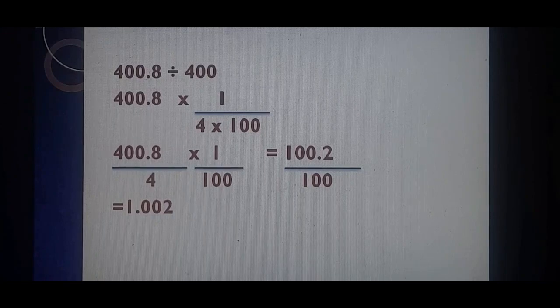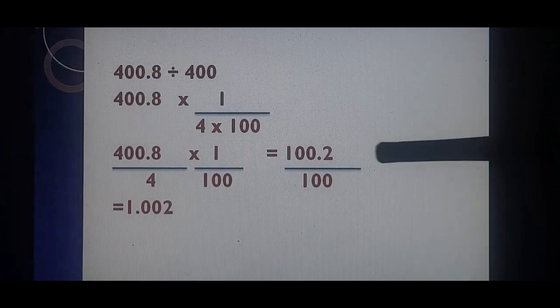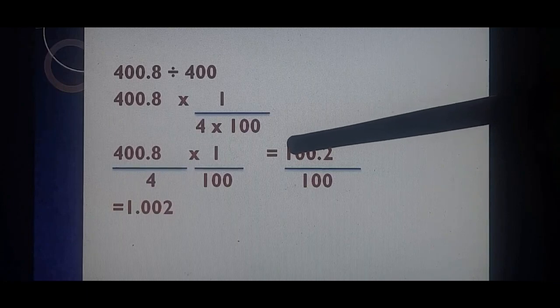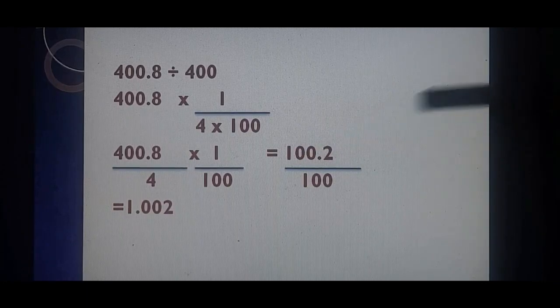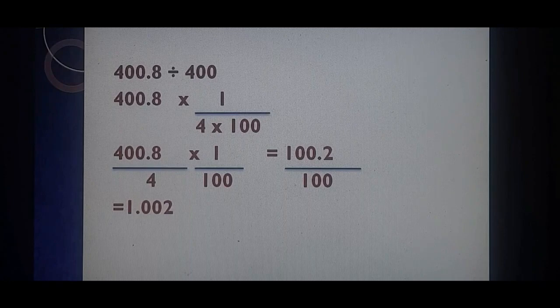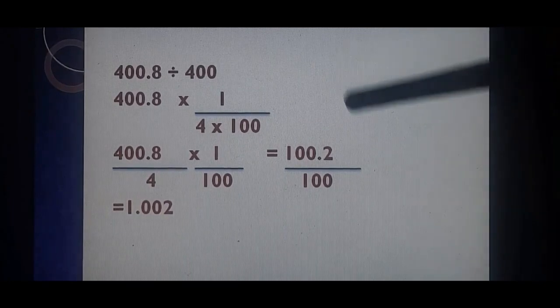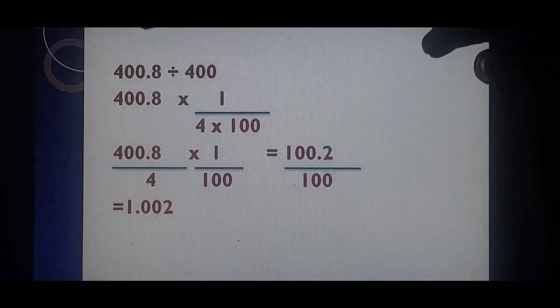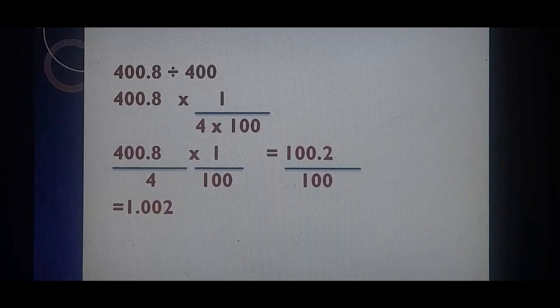Yes, definitely decimal will shift backward. Left side पे जाएगा. How many places? 2 places. So 1 and 2. So our answer has become 1.002. Clear? If you want, you can change the question in the form of fraction, or you can do simple division with 400. And at last, you will put the decimal sign in your quotient.